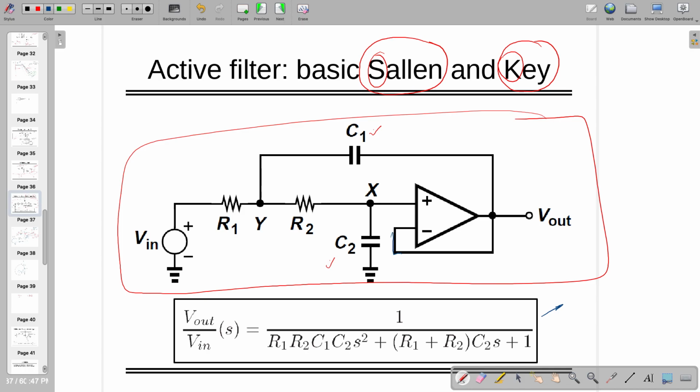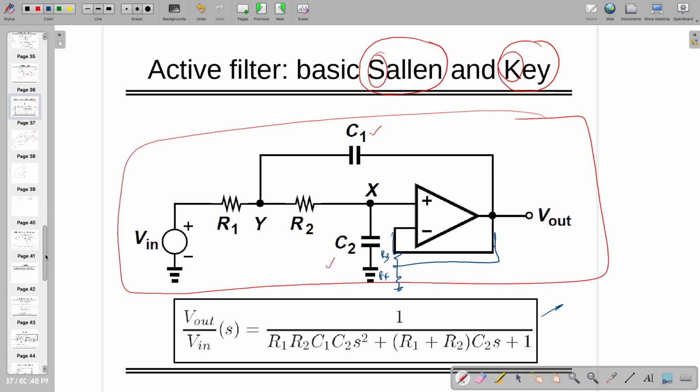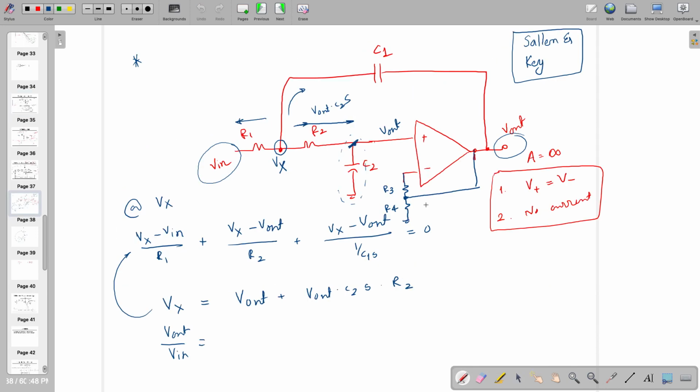So can you add two resistances, call them R3 and R4, and find out what is the transfer function in such a case? Okay, modified one. These equations will be the same. Vout will be changed. Vout will be some weighted value from here.